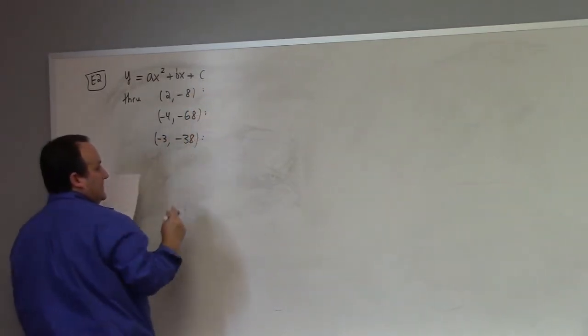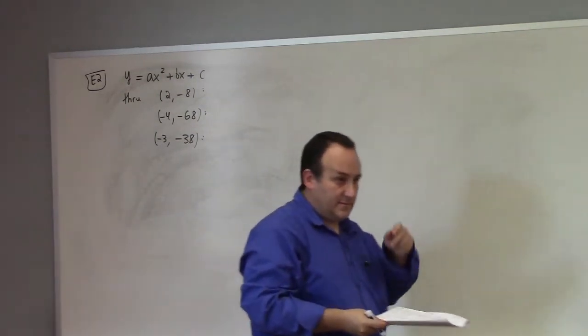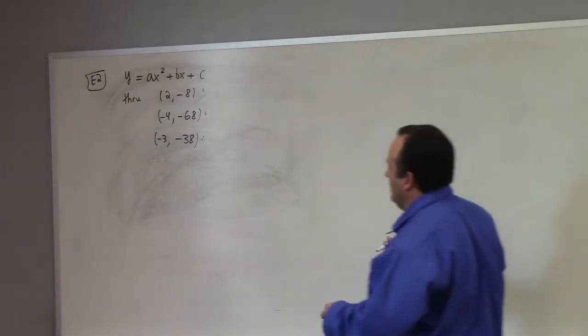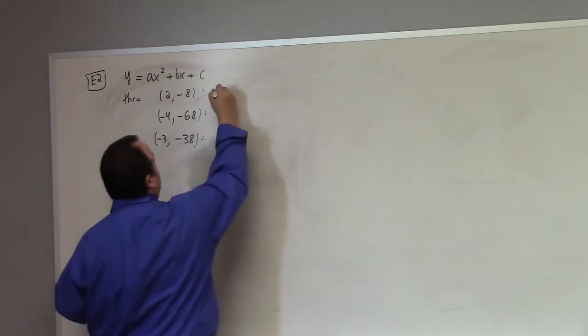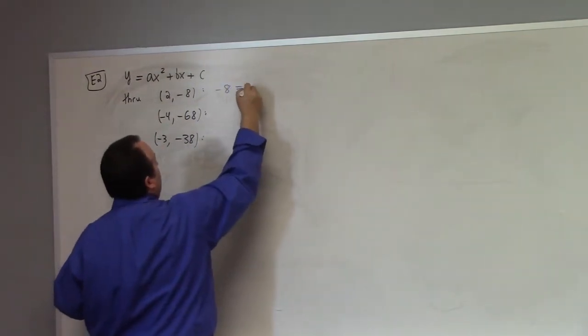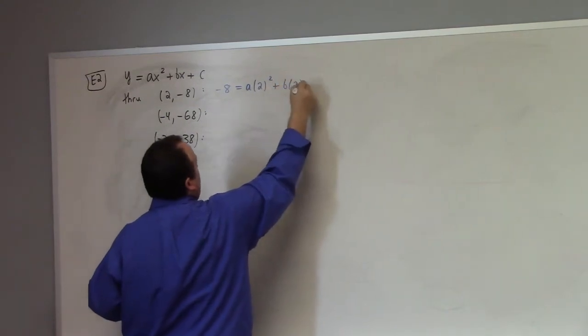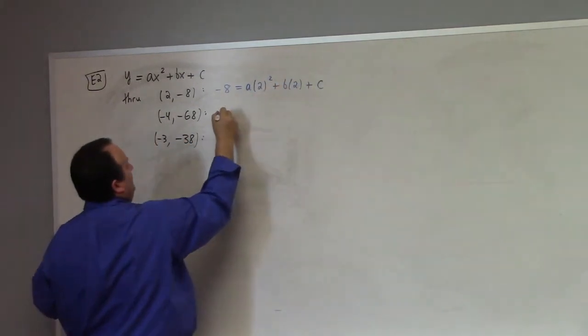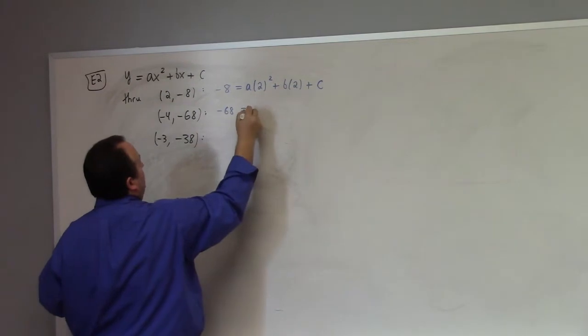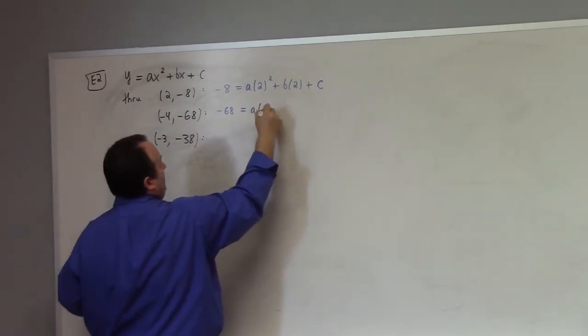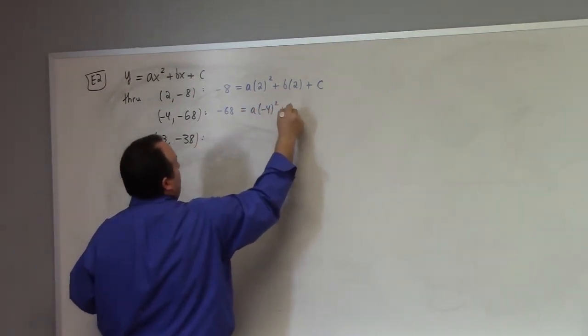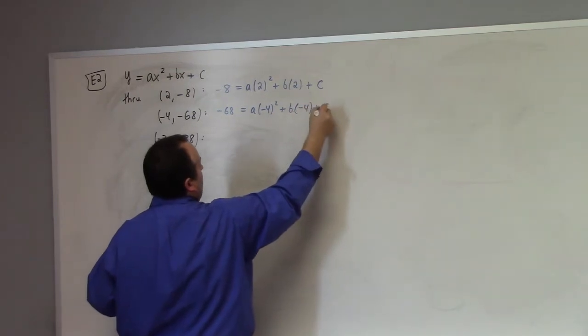So each one of these points gives me an equation for the model, right? And what are those equations? For the first one, I get minus 8 is equal to a times 2 squared plus b times 2 plus c. The second one gives me minus 68 equals a times minus 4 squared plus b times minus 4 plus c.